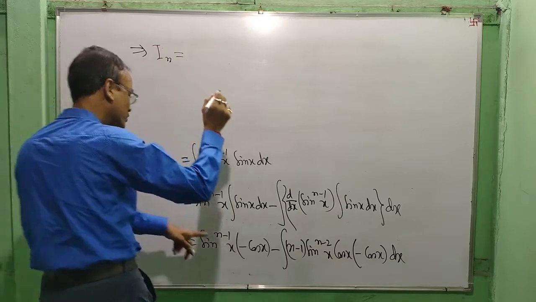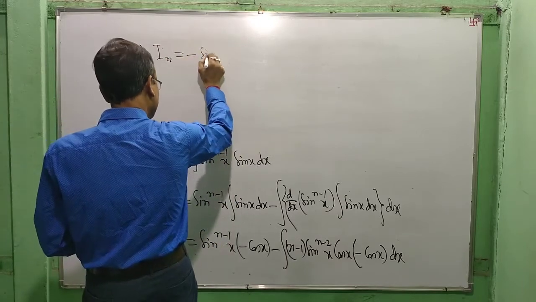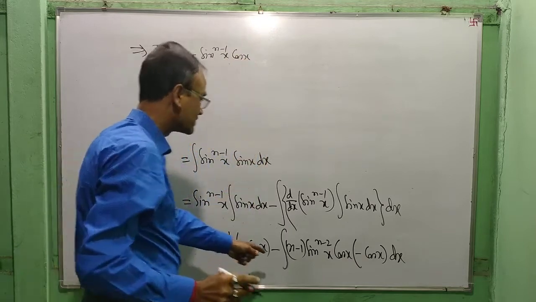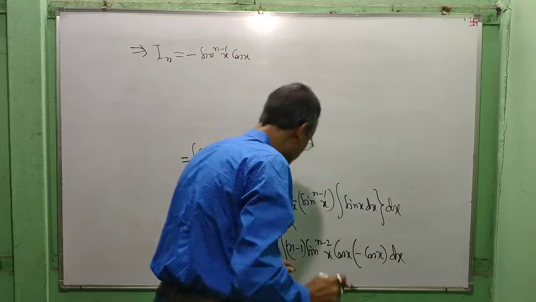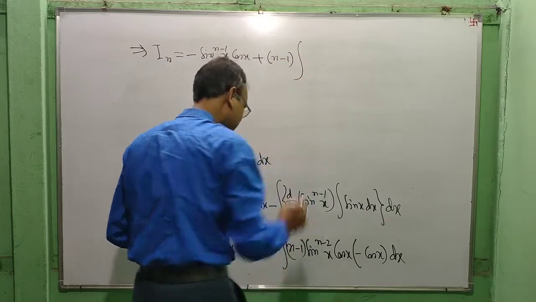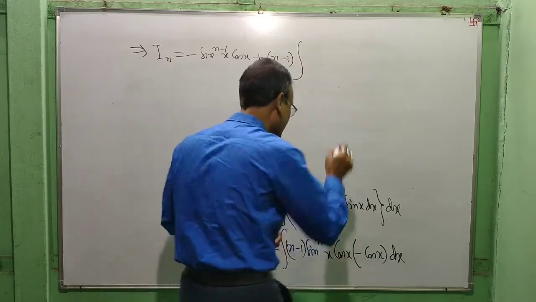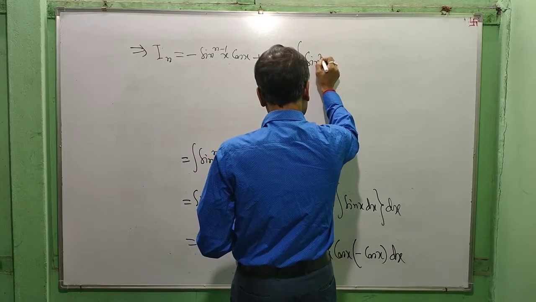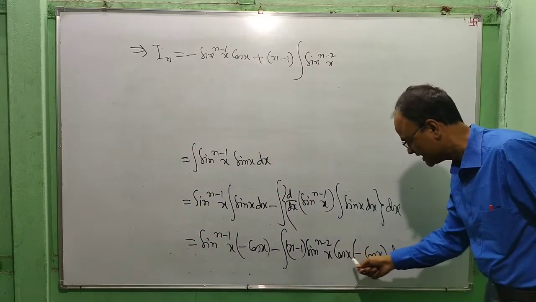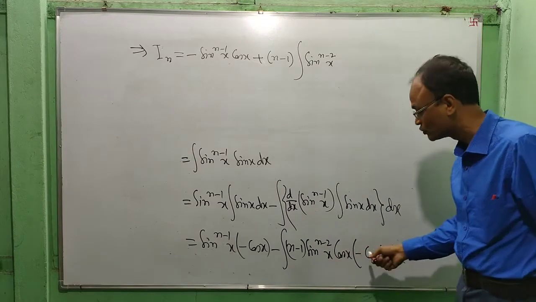I_n equals minus sin^(n-1) x cos x plus (n-1) integration sin^(n-2) x, where (n-1) is taken outside, into cos x into cos x, which is cos^2 x.